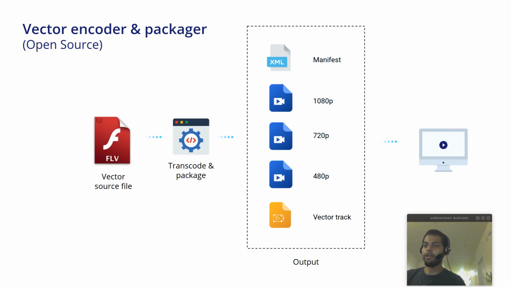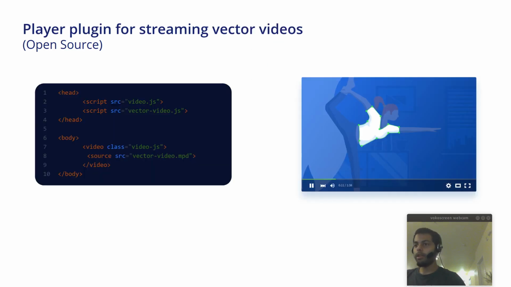And on the other side of things, having plugins for modern video players like Video.js or JW Player or whatnot to then detect that vector track and play it back within the ABR logic of the player. And using that, I think you could make vector graphics a much more viable option for delivering video on the web.